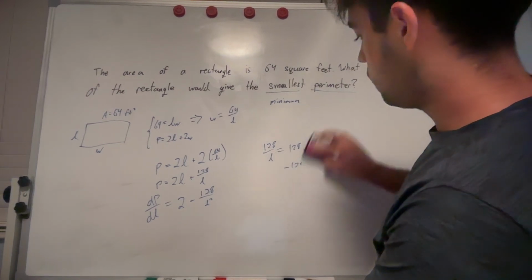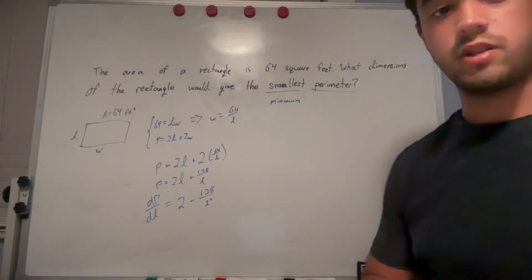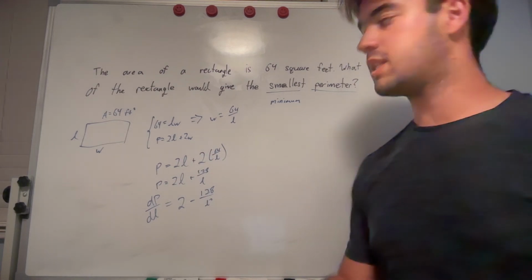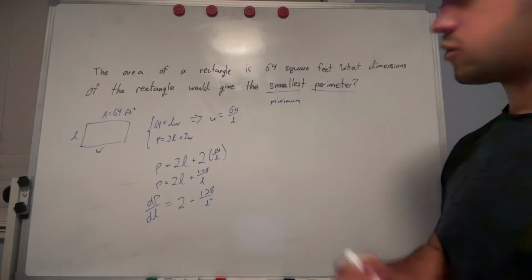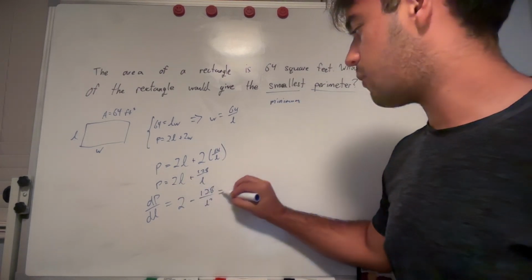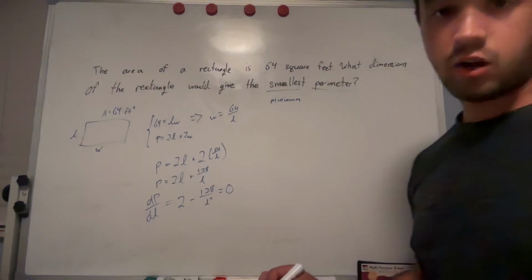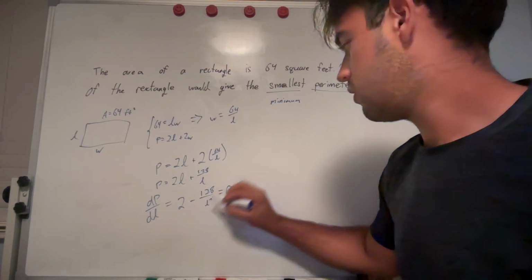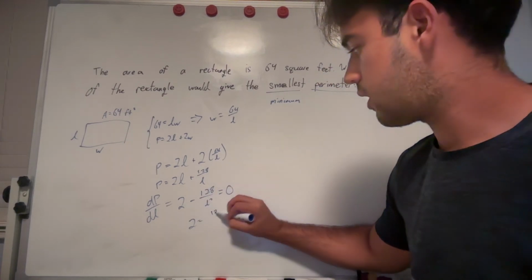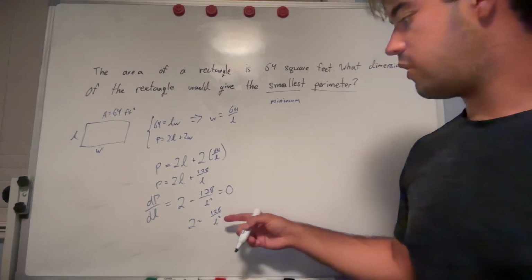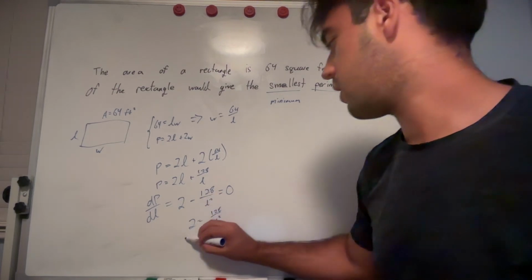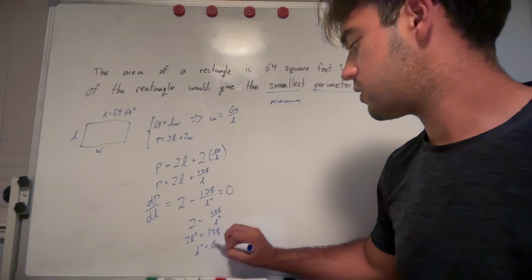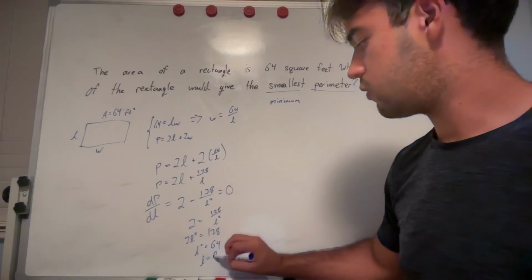So now what I'm going to do with this equation, we're trying to minimize, right? And how do we know if there's a maximum or minimum? We set the derivative equal to 0. So that's why I found the derivative in the first place, and we're going to set it equal to 0. And all I'm going to do is solve for my critical numbers. I'm going to move this to the other side, so we're going to have 128 over L squared, and then we can multiply by L squared on both sides, and we'll be left with L squared equals 64, or L equals 8.